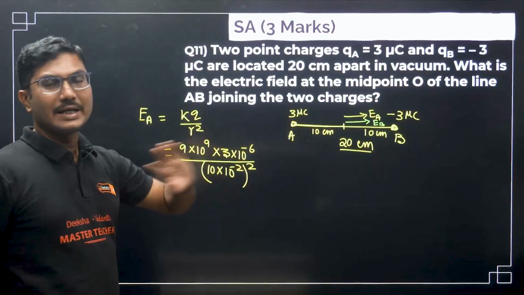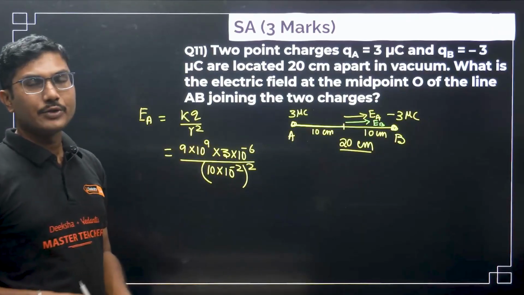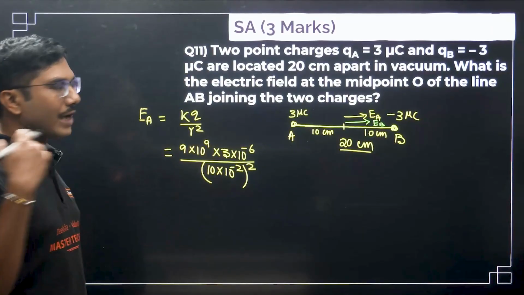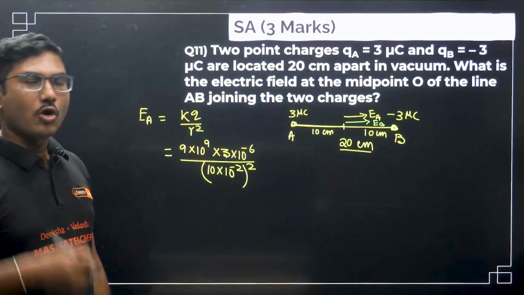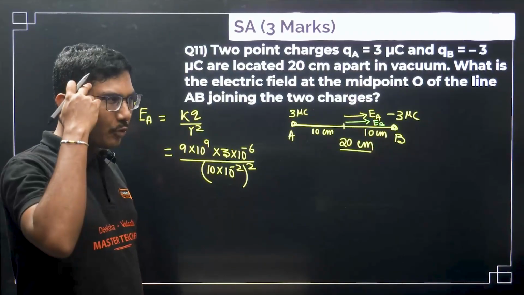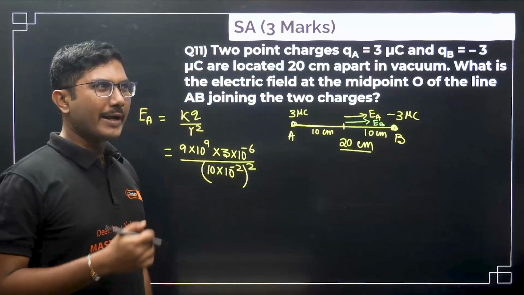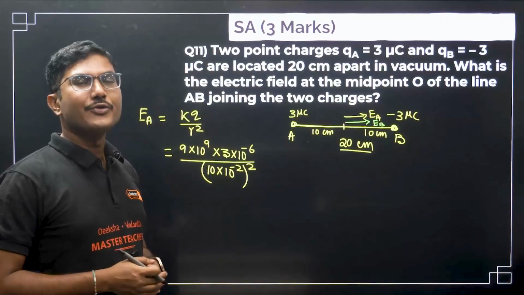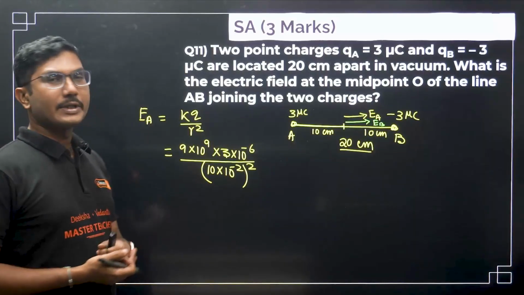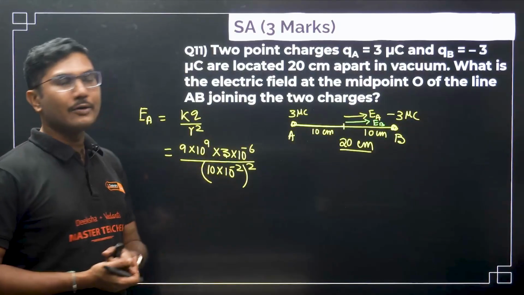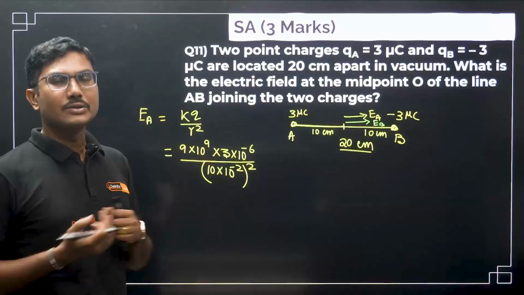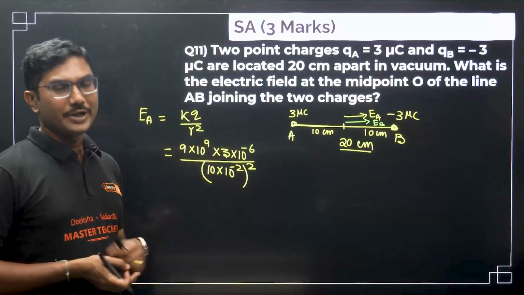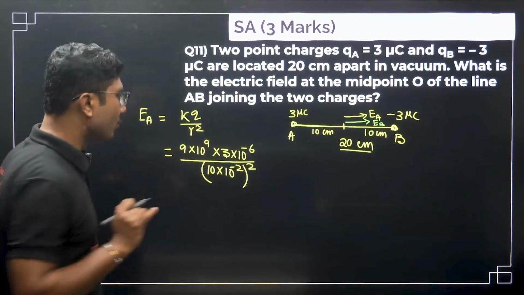If it is given in centimeter, directly multiply with 10 to the power of minus 2. No need to write one extra step to convert, and you will not be confused between 0.1, 0.2, 0.01 or 0.001 if you adapt this method of multiplying by 10 to the power of minus 2 as soon as you see centimeter. Centimeter to meter means 10 to the power of minus 2.